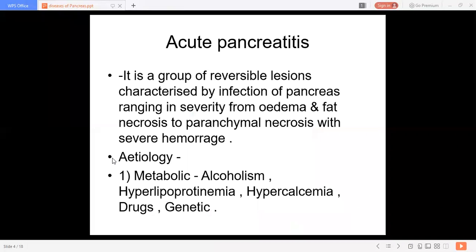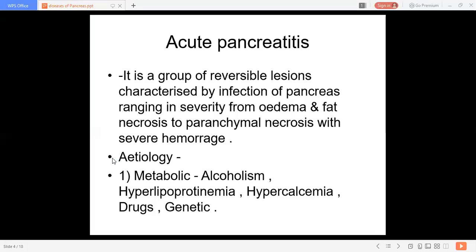Now we will go towards what abnormally happens with the pancreas. Acute pancreatitis is a group of reversible lesions. It is reversible when it is acute.